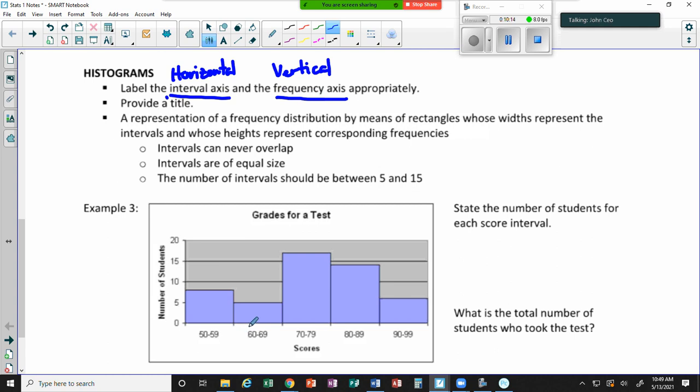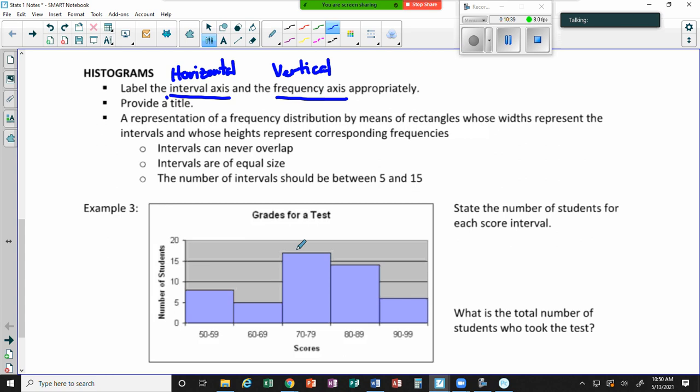Okay? So intervals can never overlap. I can't go from 10 to 15 and then 15 to 20, because what would happen if you had 15 in your data? You would have represented it two different times, right?